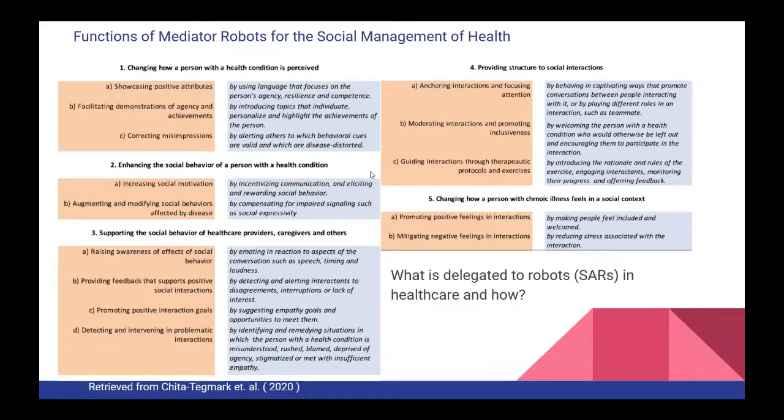The third one is supporting the social behavior of healthcare providers, caregivers, and others. The fourth one is providing structure to social interactions. And the fifth one is changing how a person with chronic illness feels in a social context. So these actions are delegated from humans to robots, social robots in healthcare.